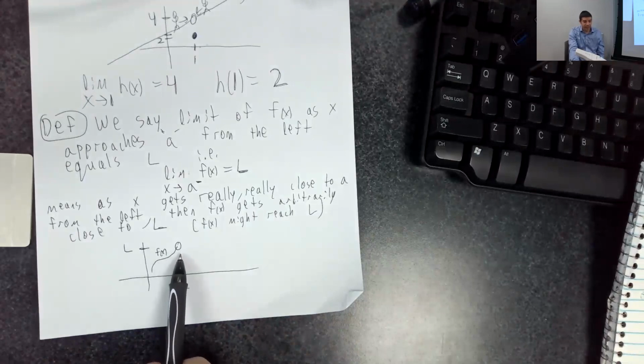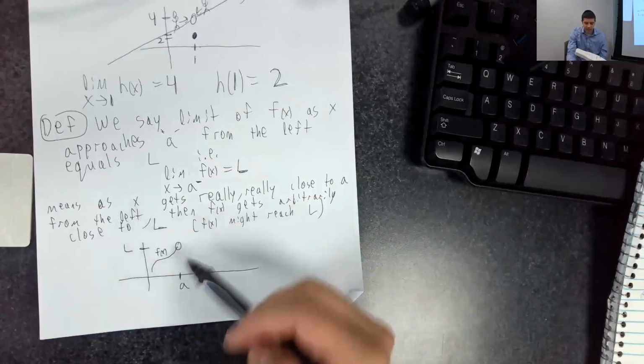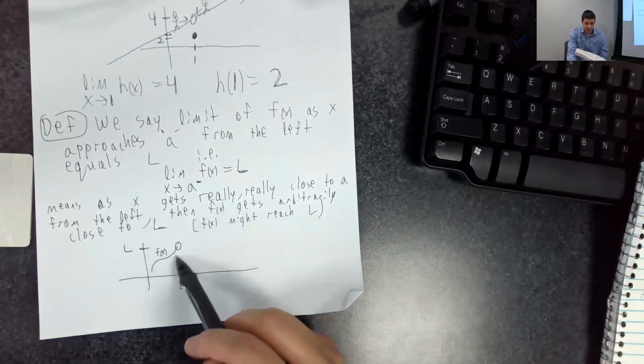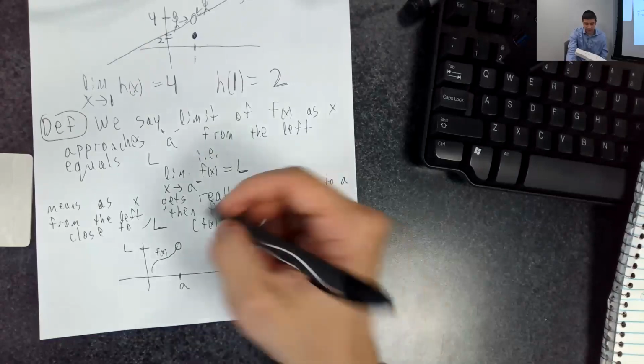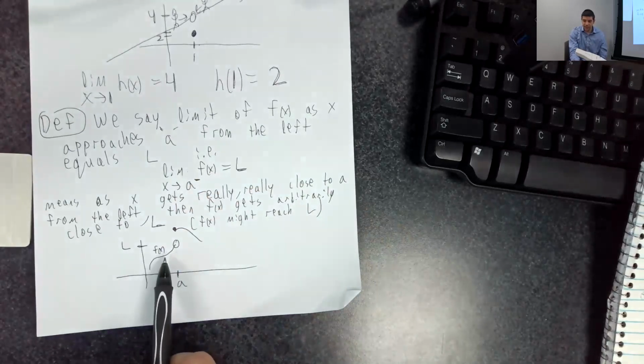How close? As close as you want, really. If you say, can I get within 0.001 of L? Yeah, sure. Just bring x closer to a. You can get as close as you want to L. Could it reach? Sure. It could even be a closed circle here. It doesn't have to be open. So either way, what it does above doesn't really matter because we're looking at the left.